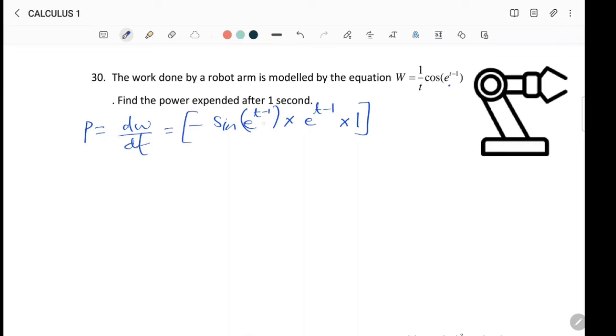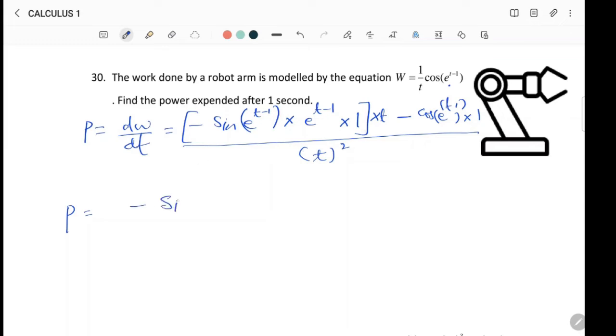This times t, minus cos e to the power t minus 1 and t differentiation 1, over t whole square.